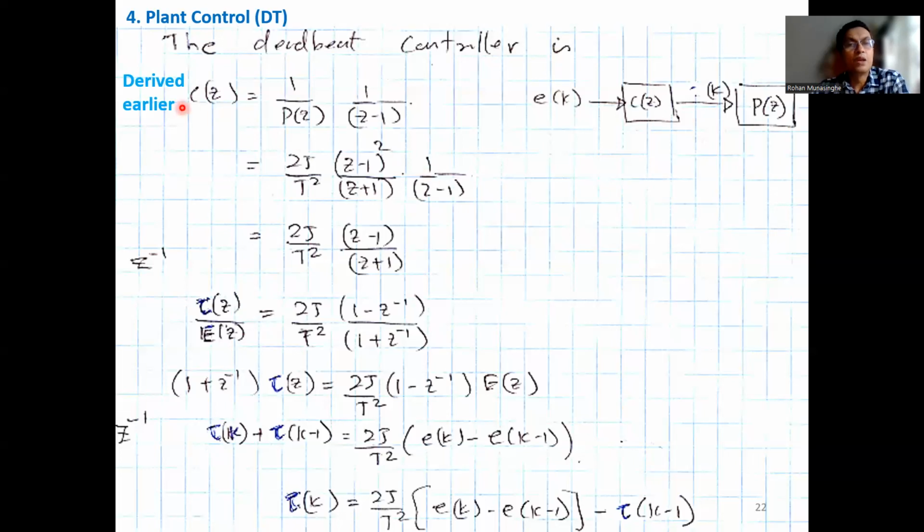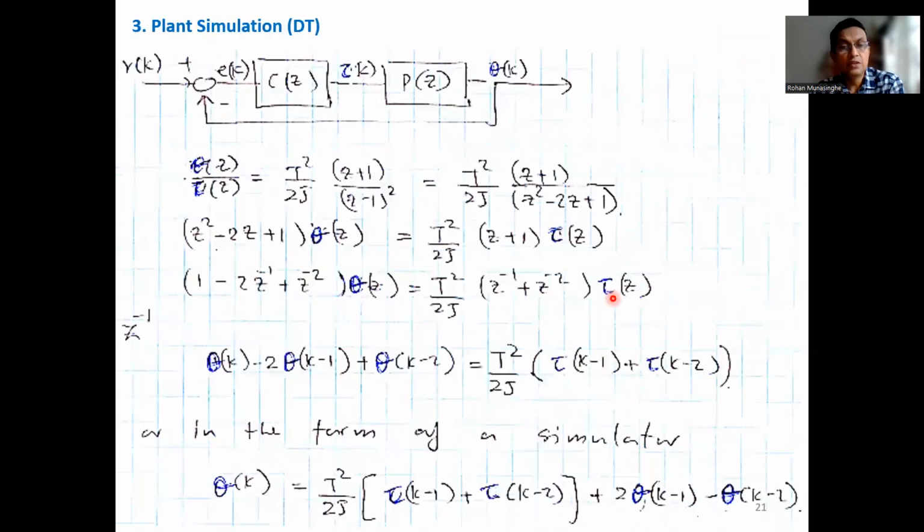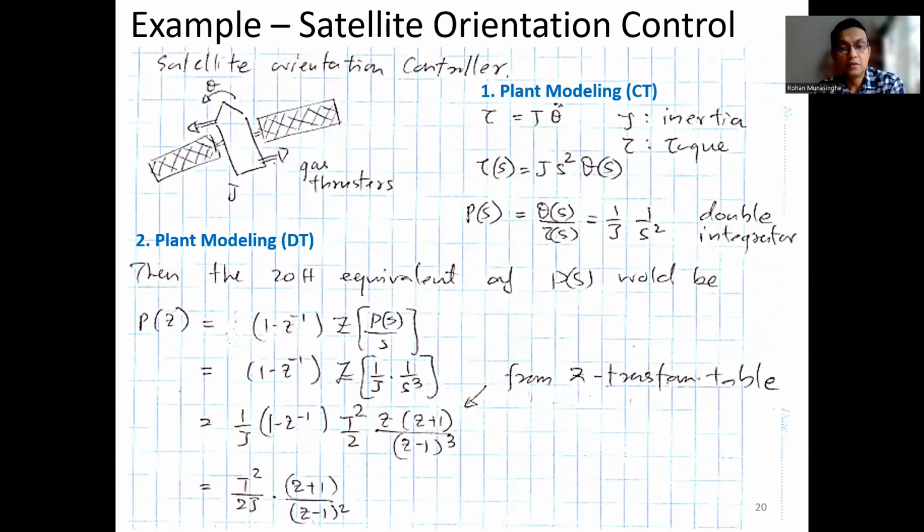So this is the controller we want to implement. Now we know P. We have already derived it earlier. If you see, this is PS. In the controller, this is 1 over PS. You can see some sort of inversion here. If this is 1 over 3, once you invert it, it becomes 3, or 3 and 3 cancel out.